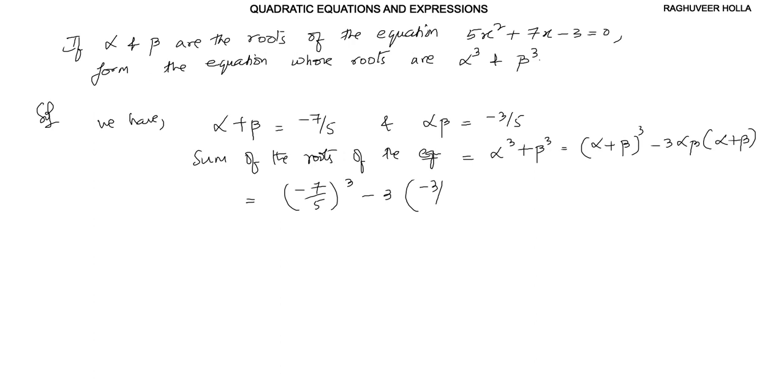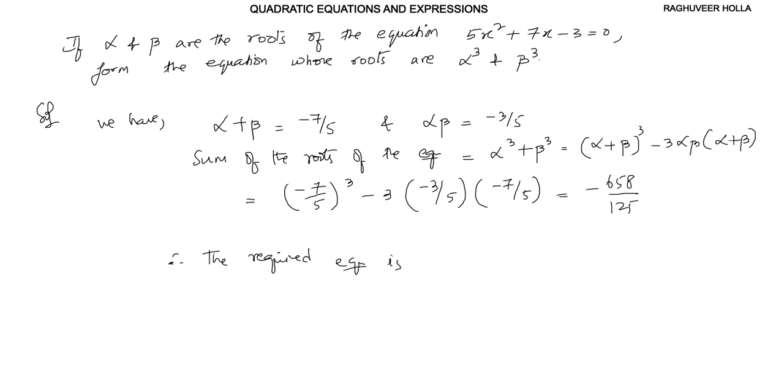Which results in minus 7 by 5 whole cube minus 3 by 5 and minus 7 by 5. So which is equal to minus 658 by 125.